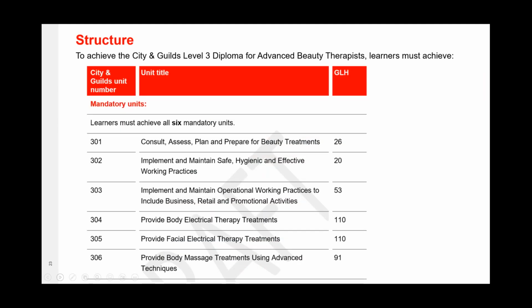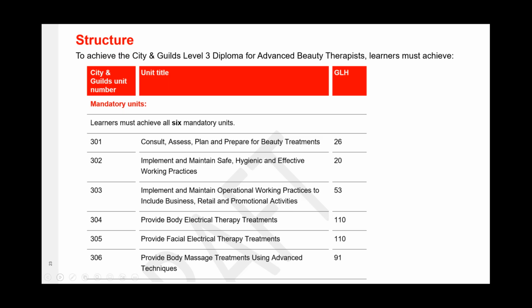If we take a look now at the structure of the qualification, the apprentice must achieve the 6 units, as you can see from this slide. 301 is consult, assess, plan and prepare for beauty treatments. 302, implement and maintain safe, hygienic and effective working practices. 303, implement and maintain operational working practices to include business, retail and promotional activities. 304, provide body electrical therapy treatments. 305, provide facial electrical therapy treatments.